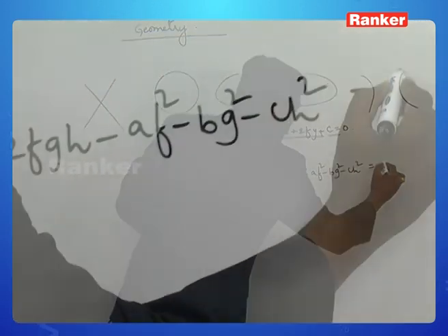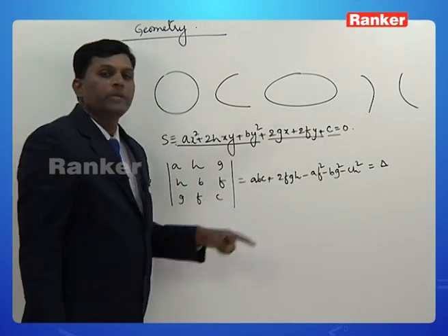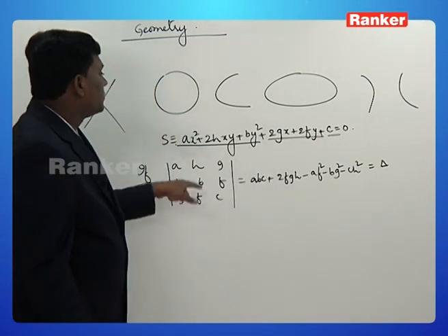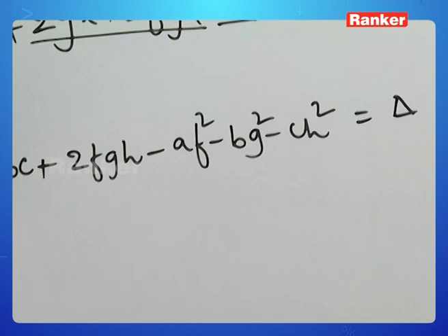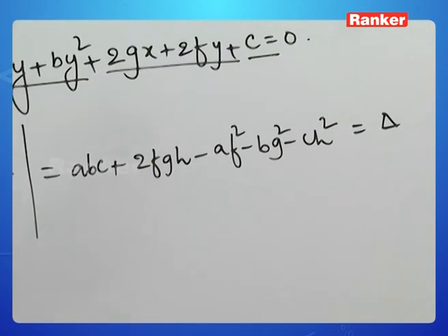Briefly, I will call it from now onwards as delta. Depending on this delta value, in various cases we analyze the nature of the curves, which will be derived chapter wise.